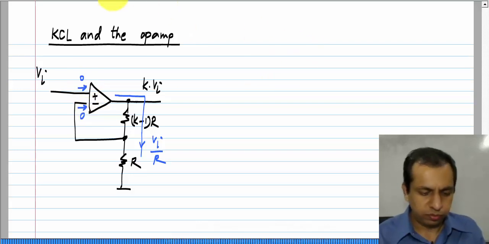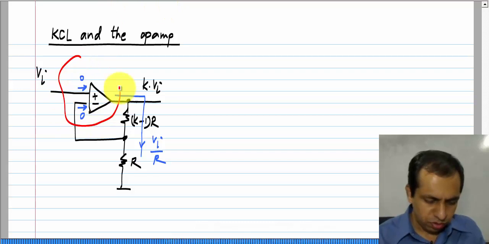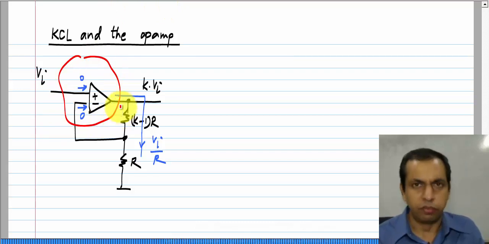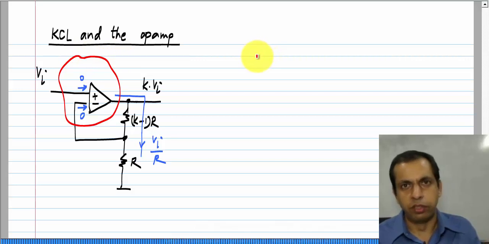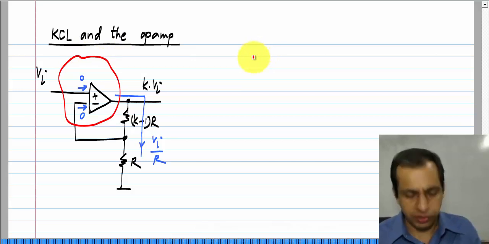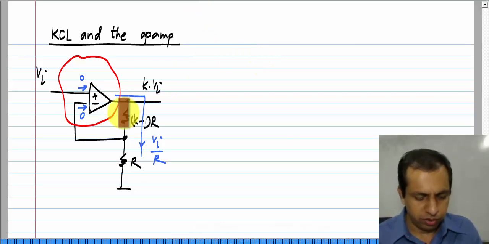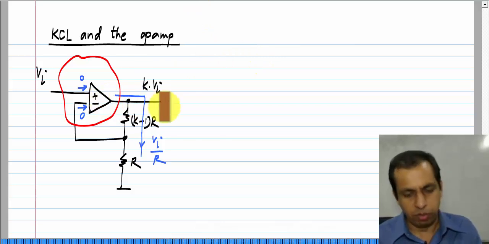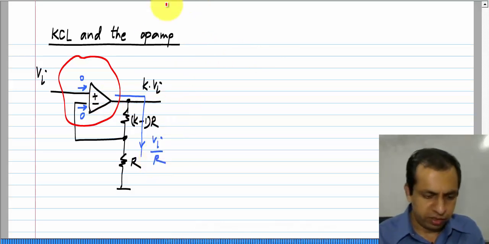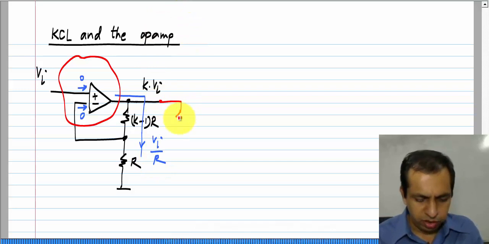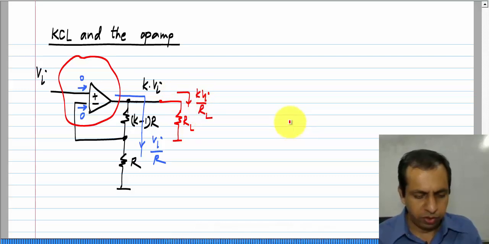So, if I think of the op amp as a whole, we know that any closed surface should have the total current entering it or leaving it to be 0, and clearly here it is not 0. Okay. The current coming out of the op amp is Vi by R. In fact, I could add a load to it, and then a current kVi by RL will flow that way.